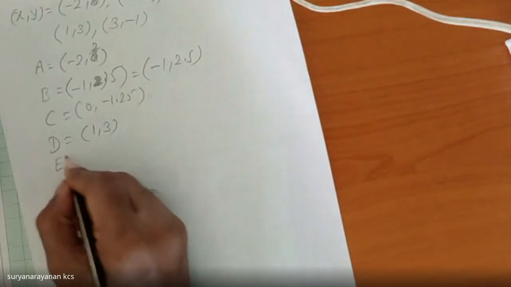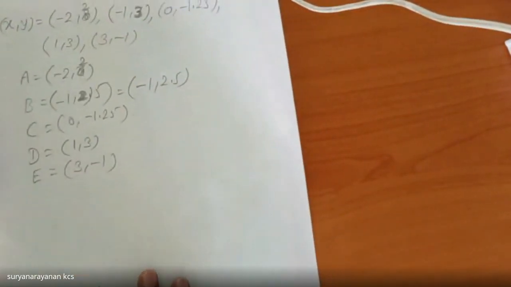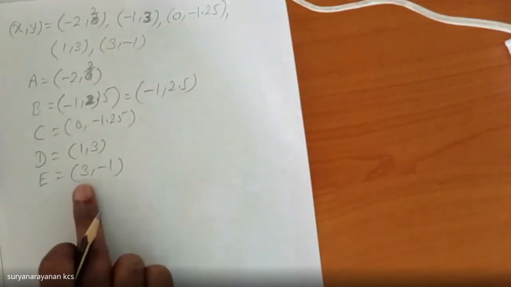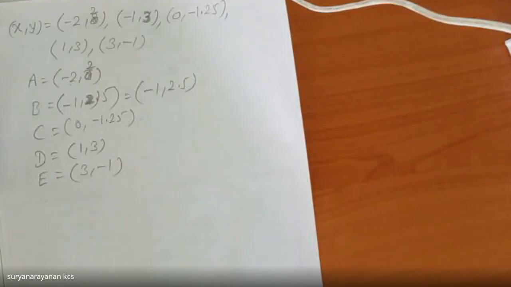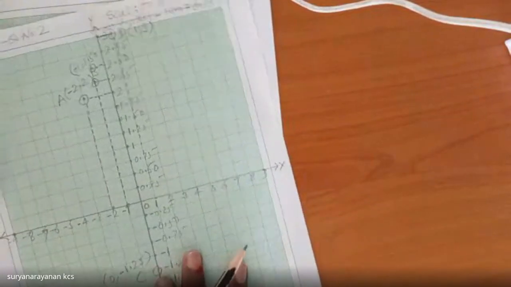Next point E, 3 comma minus 1. What is x coordinate here? Sir, 3. So on x-axis, we have to move 3 units from the origin towards right side because 3 is a positive number.